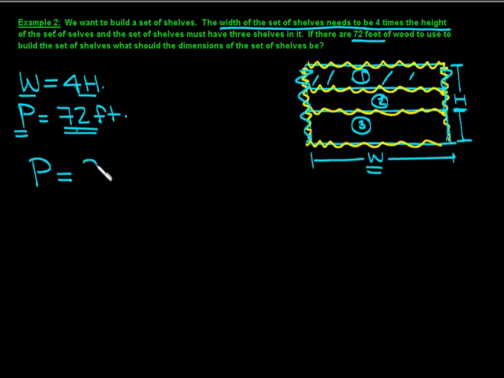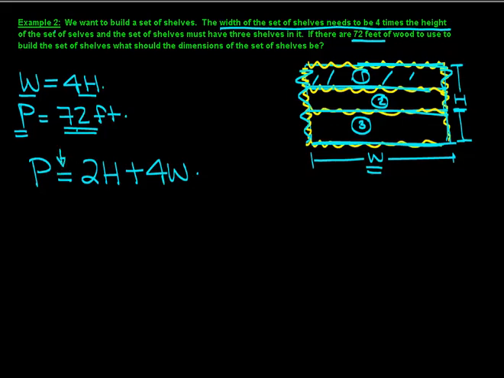So it'll be 2H, because each side is H, plus I'm going to use that wood to make this top, these middle 2 sides and the bottom. So it's going to be 4W. So there's the formula that you're going to use for this problem. So this is an equation. Again, you can see the equality.